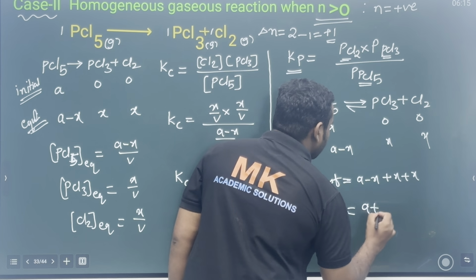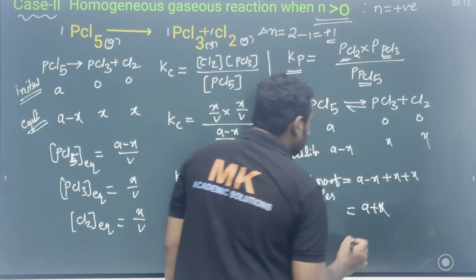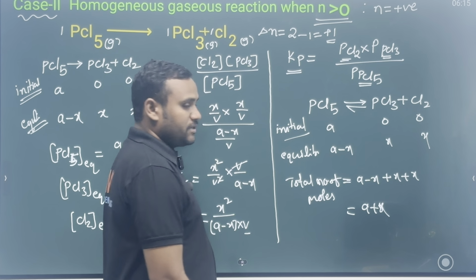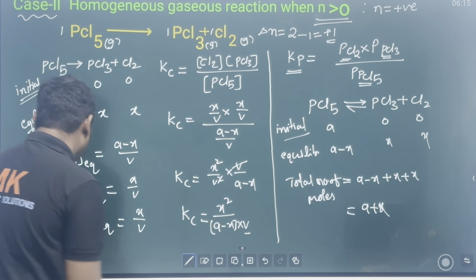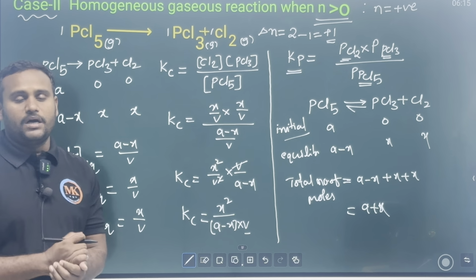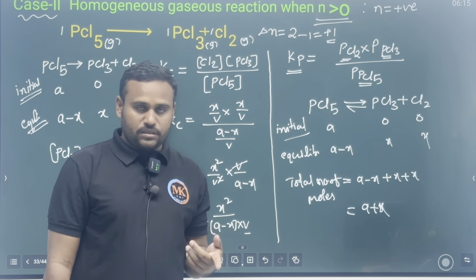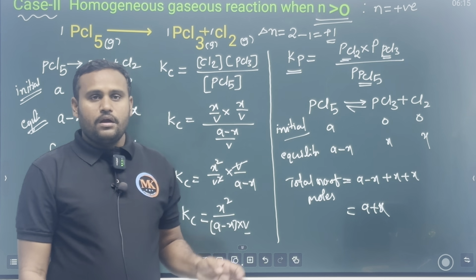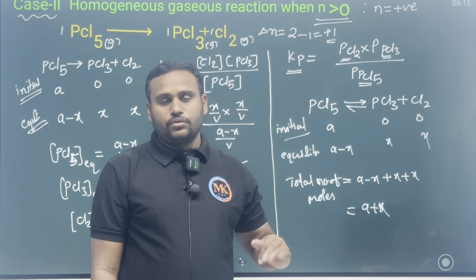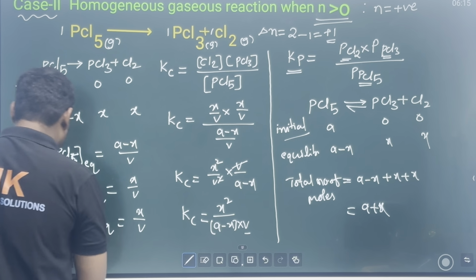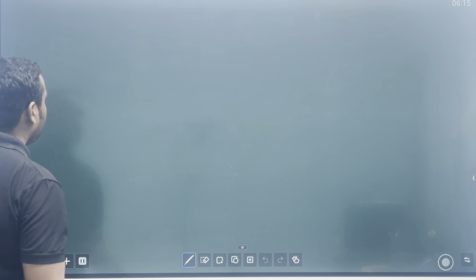A plus x. This is the total number of moles at equilibrium. Now partial pressure formulas already we know, right? Partial pressure is equal to mole fraction into total pressure. Mole fraction formula also we know, that is number of moles of a particular substance to total number of moles. Okay, right.